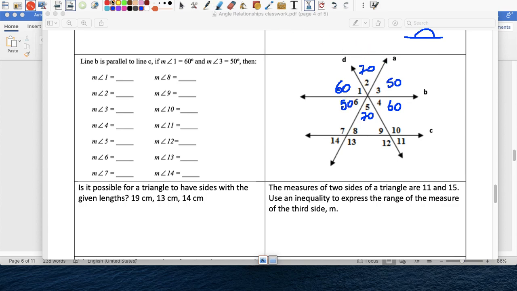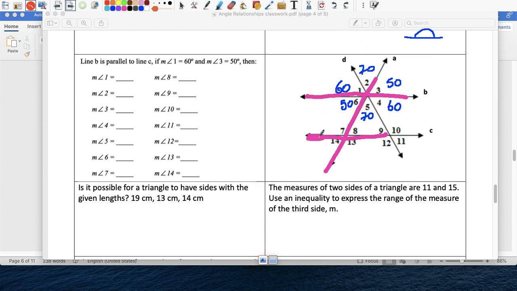Okay, let's try this again. Now at the bottom here, let's focus on this one right here, and this one, and this one.